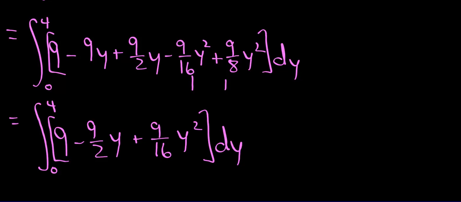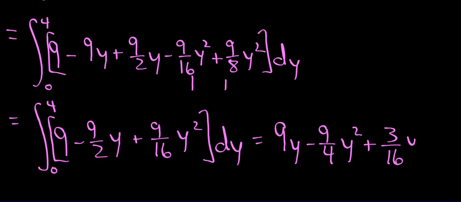Okay, now finally we're at a place we can integrate. This has been a long journey. 9y minus 9 fourths y squared plus 3 sixteenths y cubed, and I'm going from 0 to 4. Is that right?